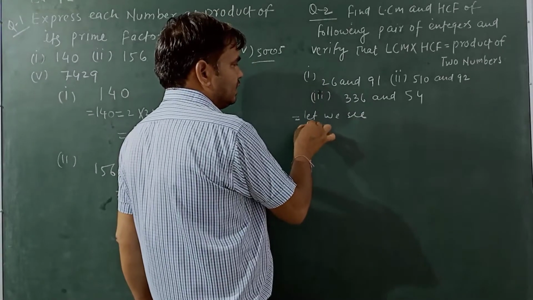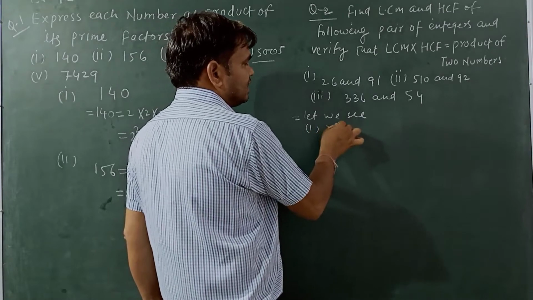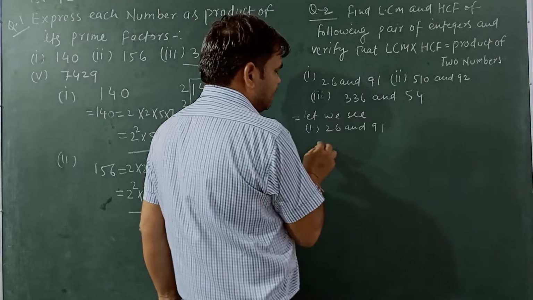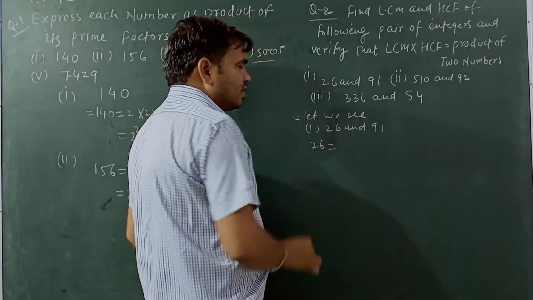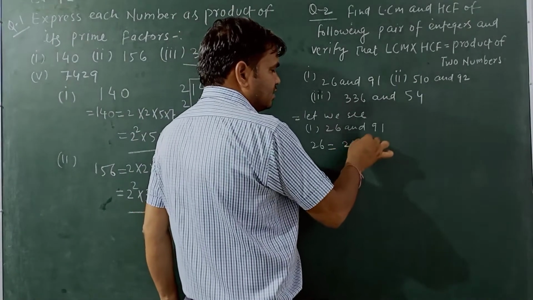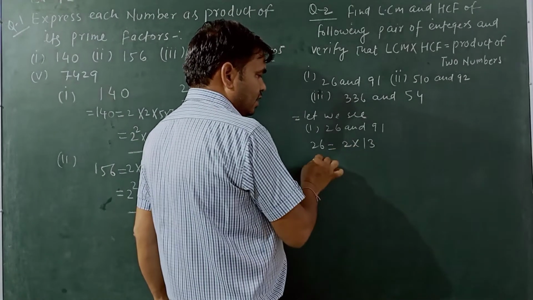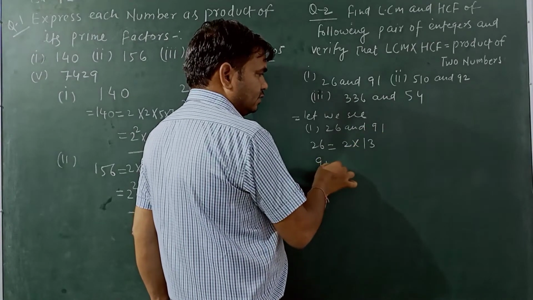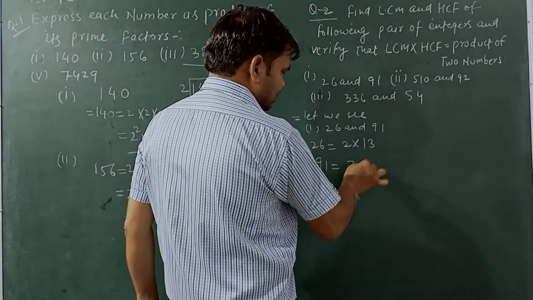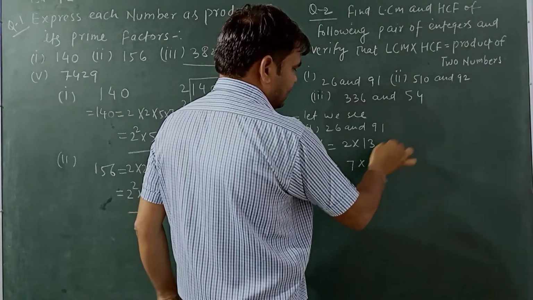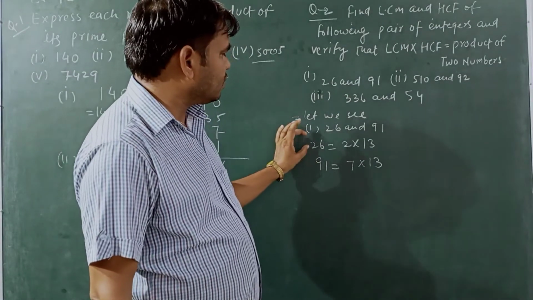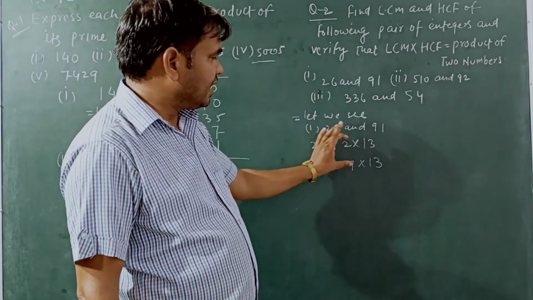Take the first part, that is 26 and 91, and here we find out the factors of 26. The factors of 26 are 2 multiply 13, and the factors of 91 are 7 multiply 13. So these are the factors of 26 and 91 we get here.